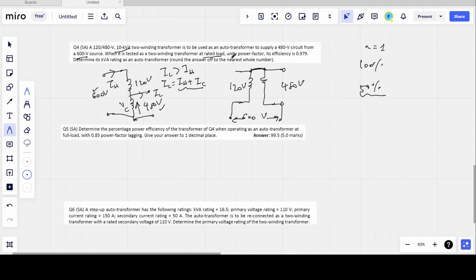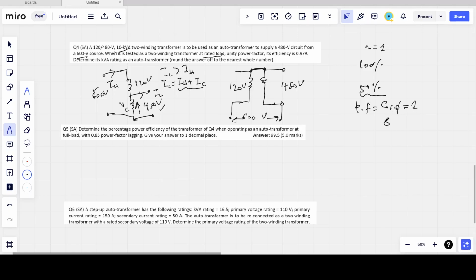Unity power factor, okay? And this two winding transformer is operating at unity power factor. So remember, power factor is what we call cos phi, which is the angle between the applied voltage and the applied current. So it's unity power factor. Unity power factor means 1.